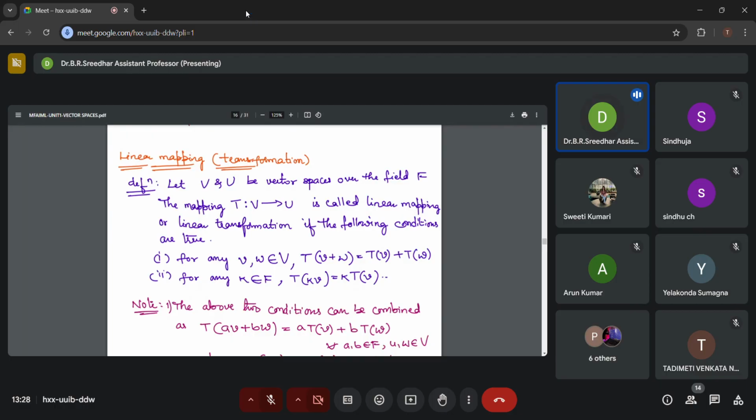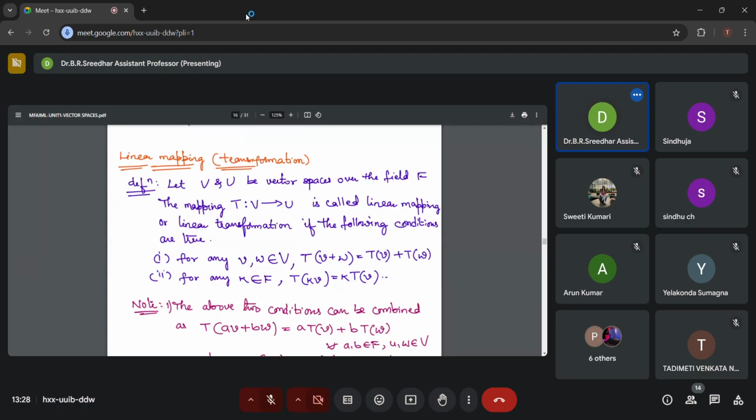For any small v and w belonging to capital V, T of v plus w is equal to T of v plus T of w. For any scalar k belonging to F, T of kv is equal to k times T of v.